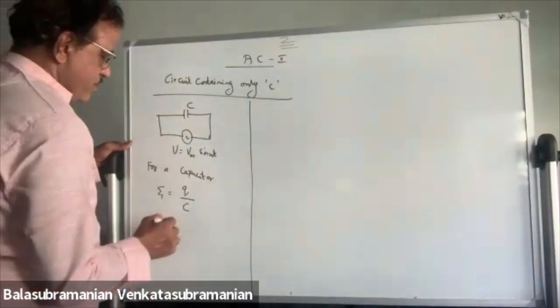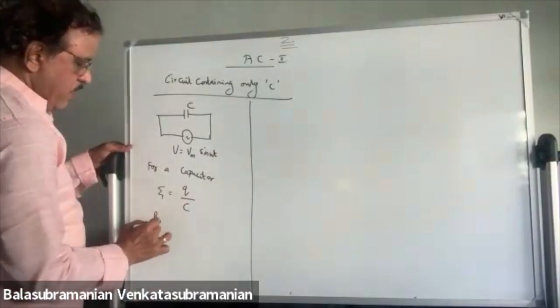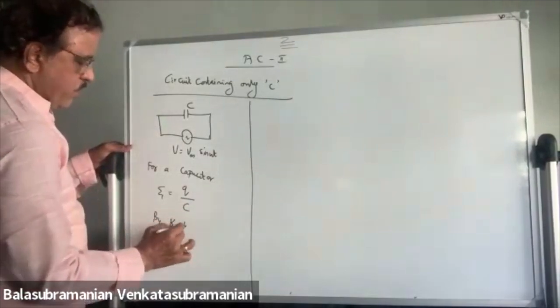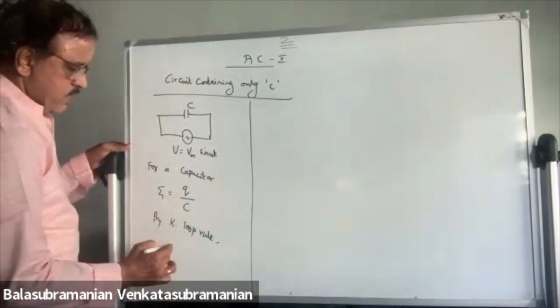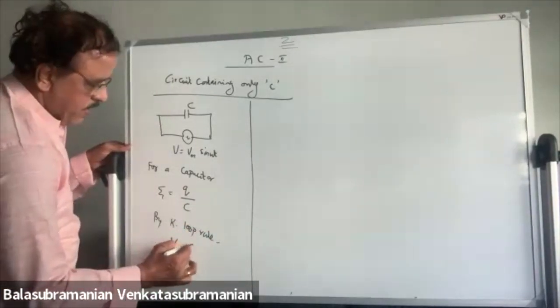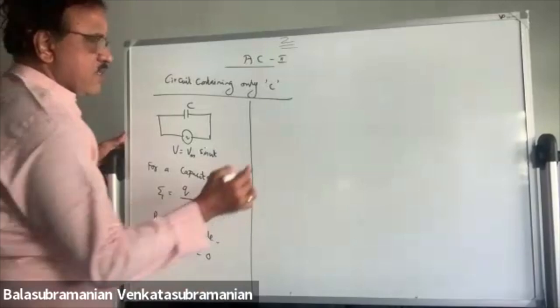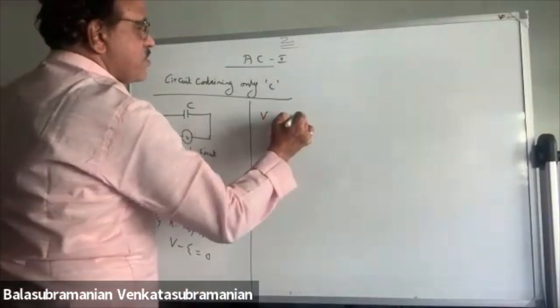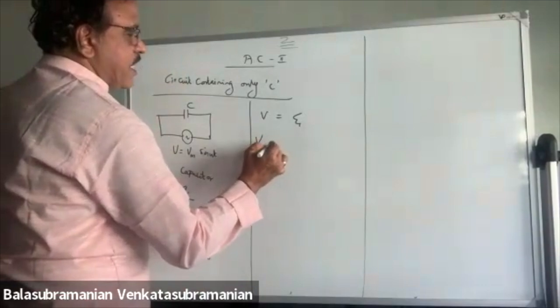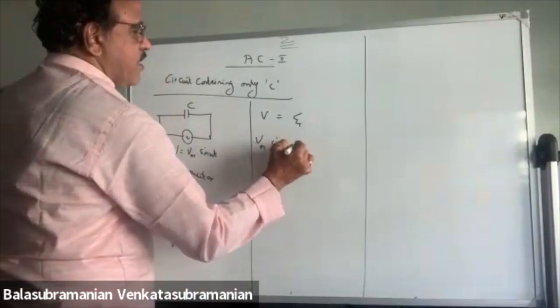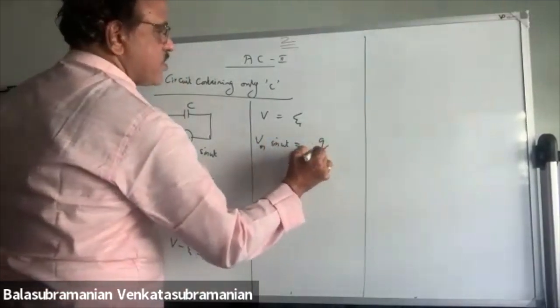So by loop rule, Kirchhoff's loop rule, V minus psi is equal to 0. V is equal to psi. Vm sin omega t is equal to Q by C.